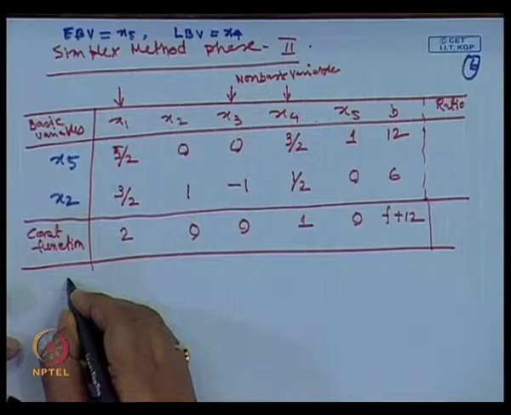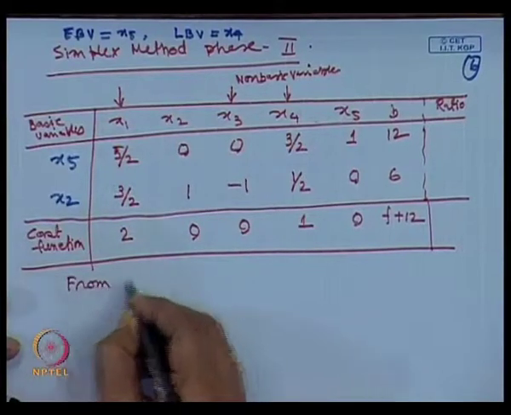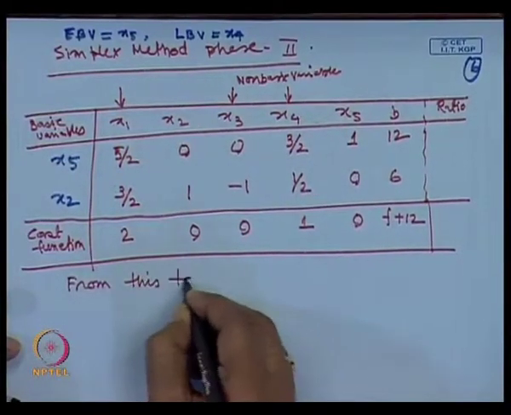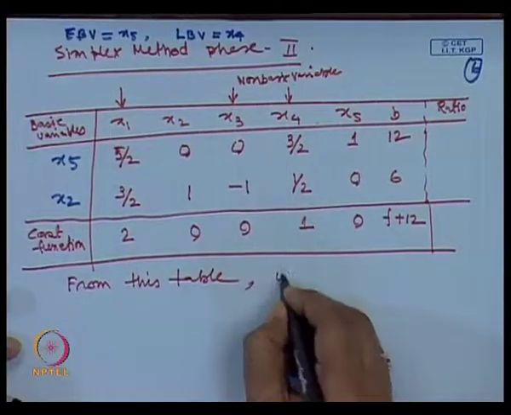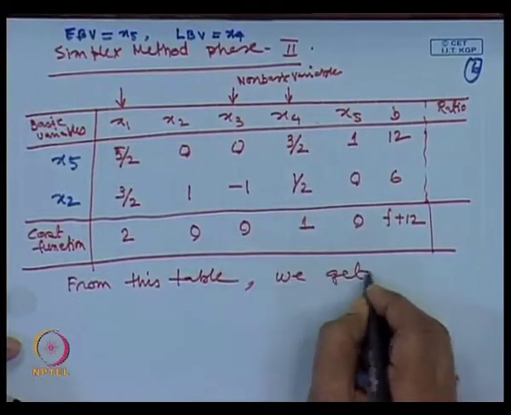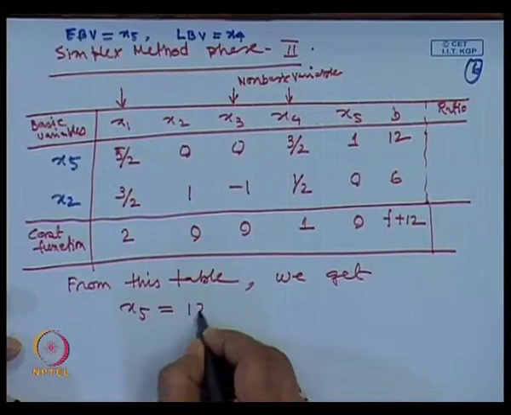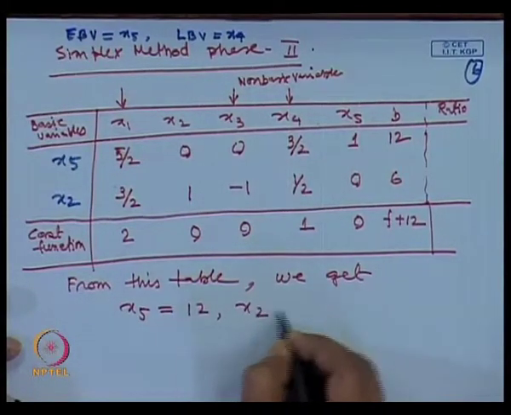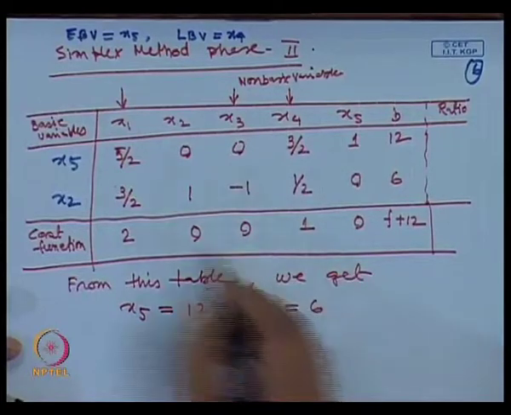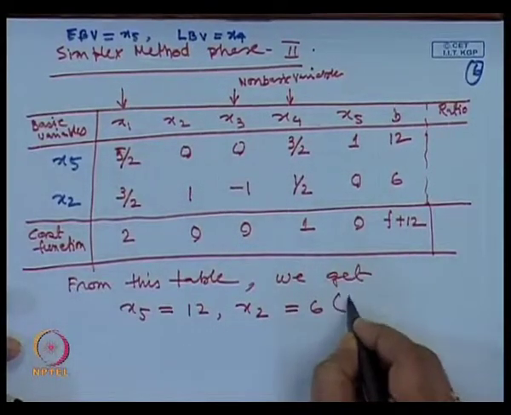So, from this table we get x 5 is equal to 12, x 2 is equal to 6. These are the basic variables.